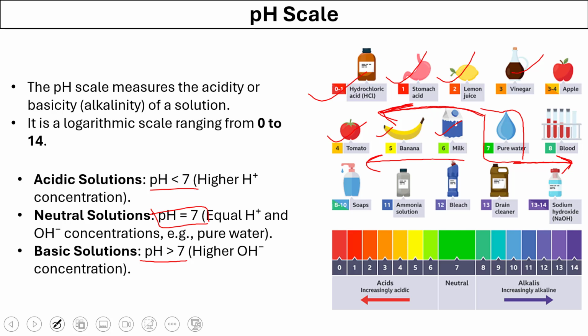And as we go towards the right on the scale, everything is becoming more and more soapy. You have soap, then ammonia solution, bleach, drain cleaner, and ultimately sodium hydroxide, which is very soapy and even corrosive in nature.